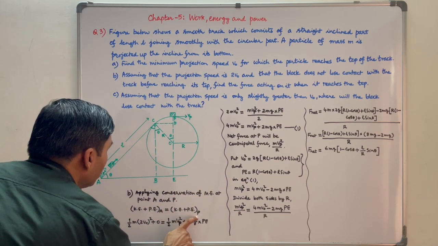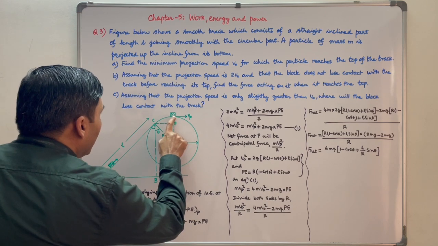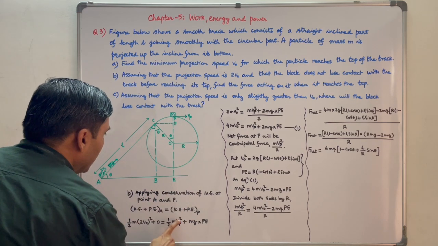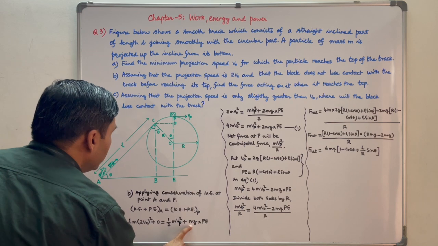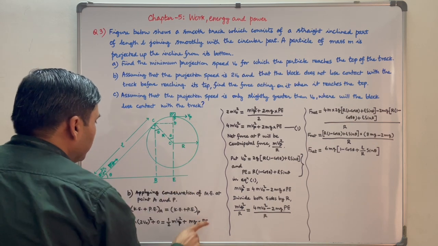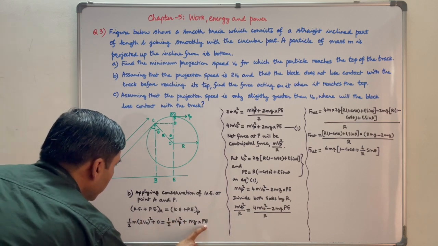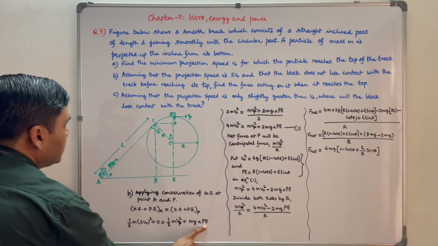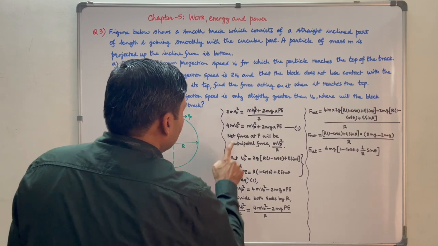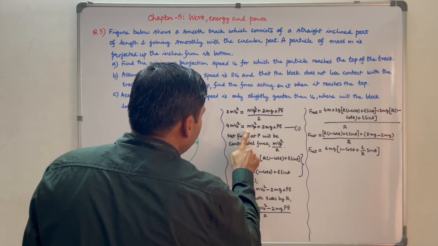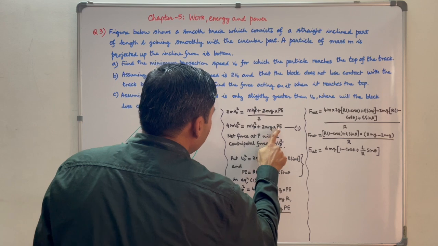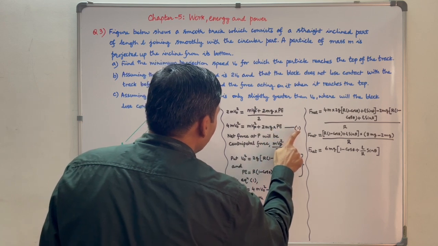Kinetic energy at point P will be half m Vp square and potential energy will be mg into this height PE. We have already calculated V0 square and PE in part A. So this gives 4mv0 square equals mvp square plus 2mg into PE. Suppose this is equation number 1.